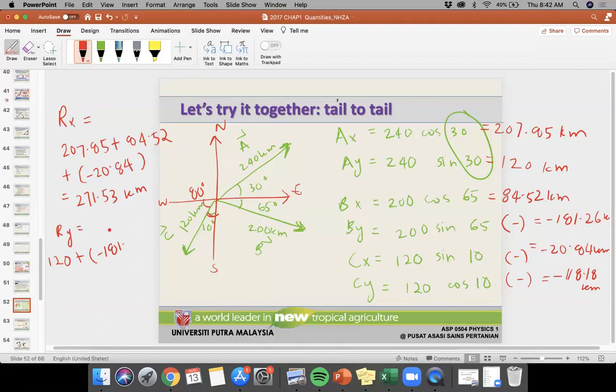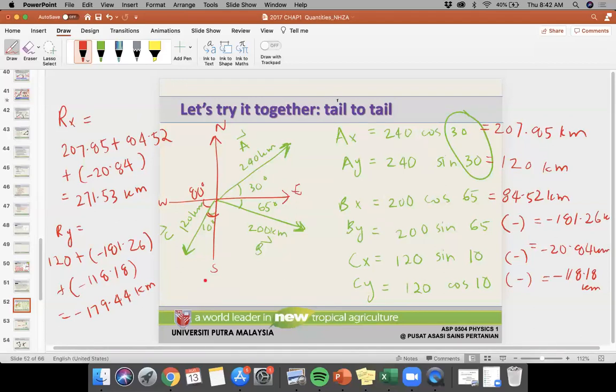Okay, is this answer still correct? Yes, thank you, my mistake. 120 minus 181.26 and minus 118.18 will give me negative 179.44 kilometers.